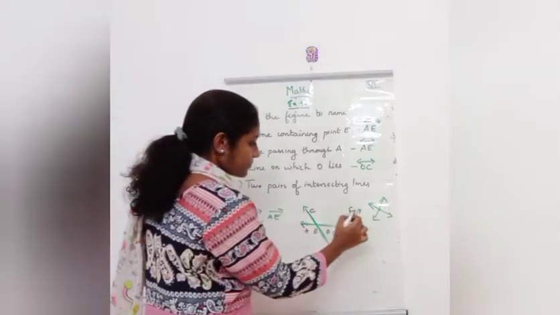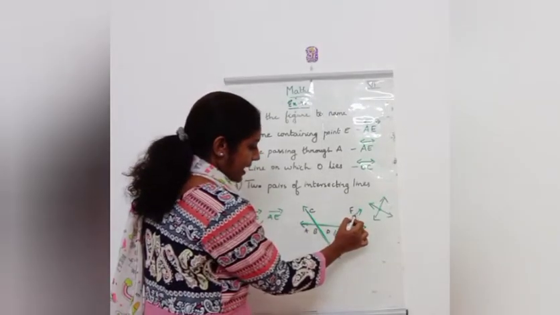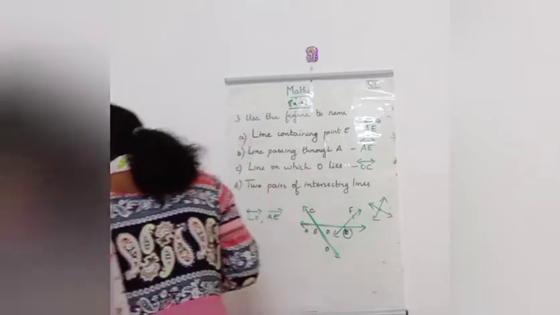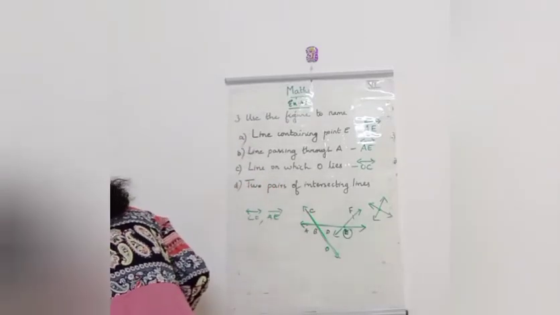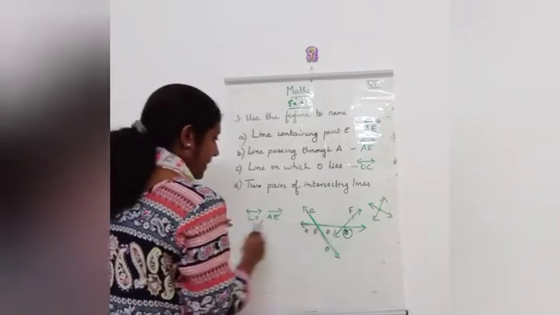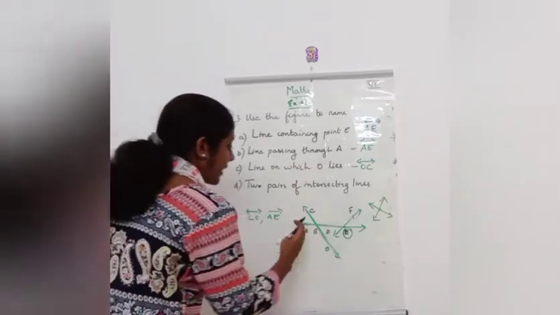Same like that. Here you can see a line. Let us mark this line. Label that. AE is an intersecting line. Is it? AE.